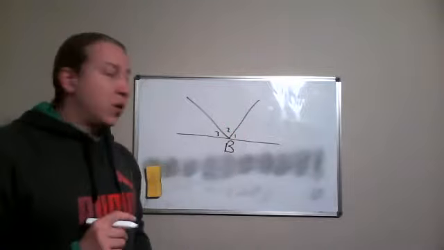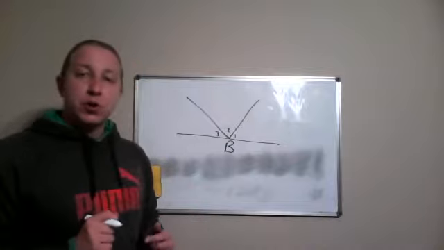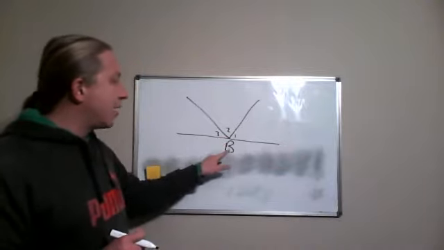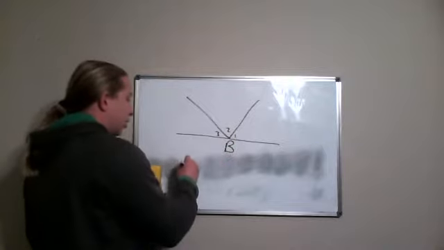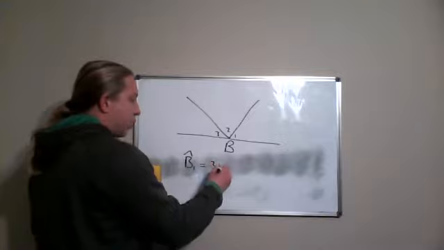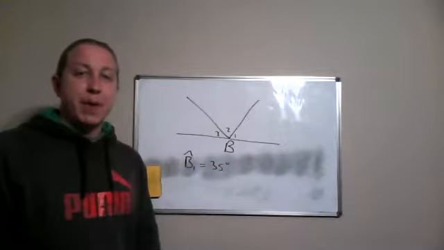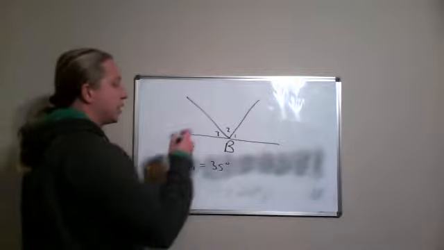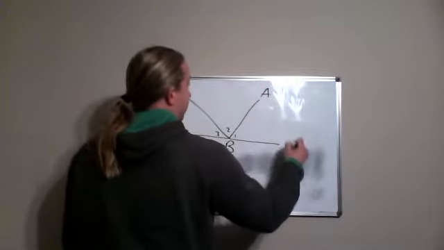Again, 1, 2, and 3 doesn't refer to the size of the angle, but rather it says that this is angle B1. So then I could say angle B1 equals 35 degrees, or whatever it might equal. Okay. The alternative to this is three-letter notation.